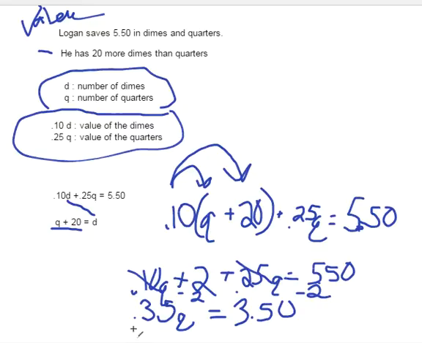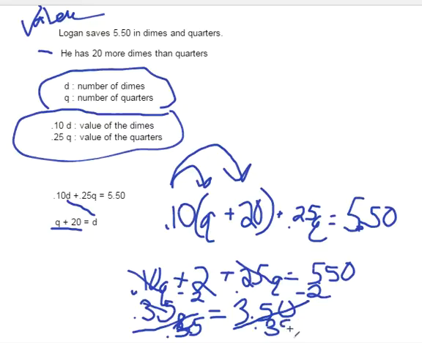Like I said, we want to get that Q all by itself. Right now it's being multiplied by 0.35. The way you undo multiplication is by division. So you're going to divide by 0.35 and they'll cancel. But remember, everything you do to one side, you have to do to the other.